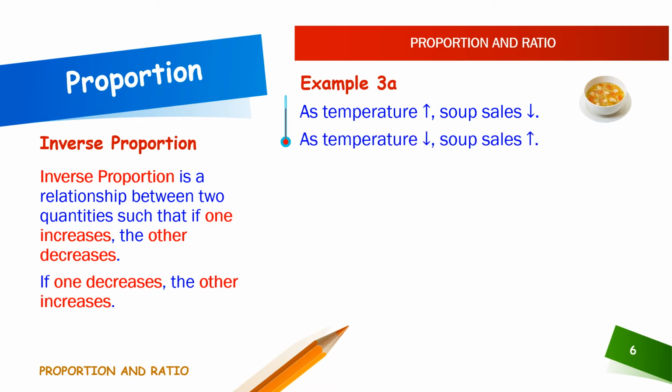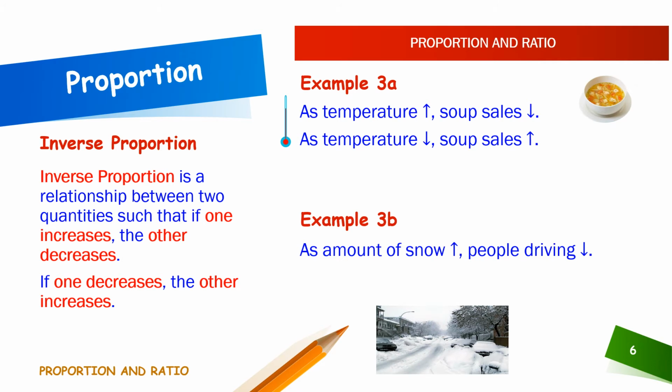Or, as temperature decreases, soup sales increase. Another example, as the amount of snow increases, the number of people driving decreases. Or equivalently, as the amount of snow decreases, the people driving increases.